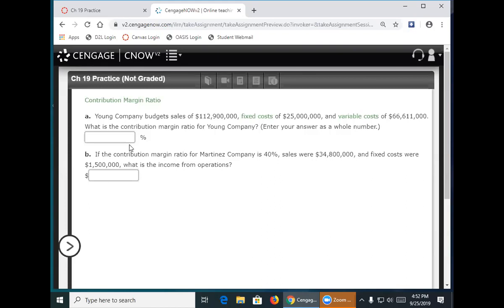Very good. So we have a contribution margin ratio of 41%. Again, we can do it in whole dollars or in units, just depending on how they give it to us.